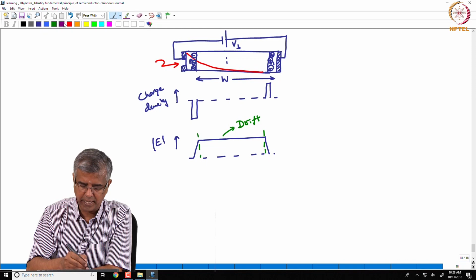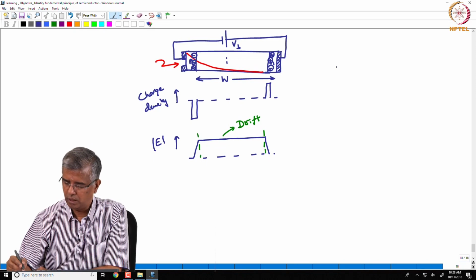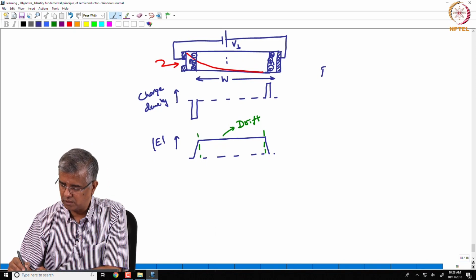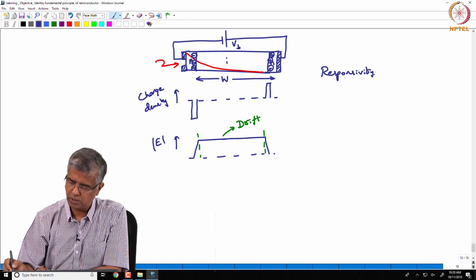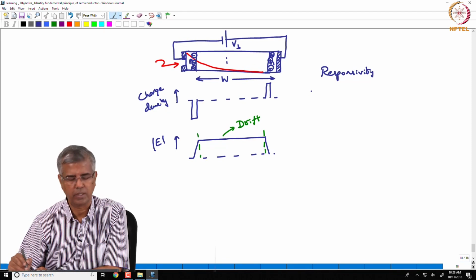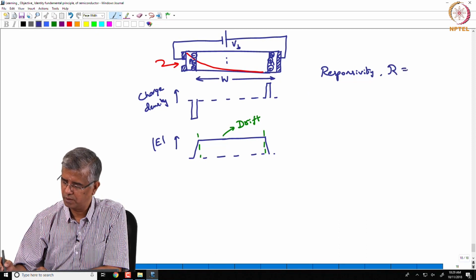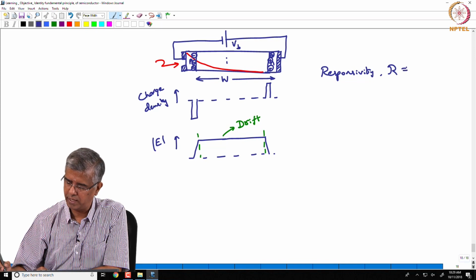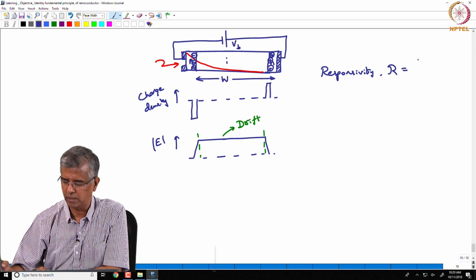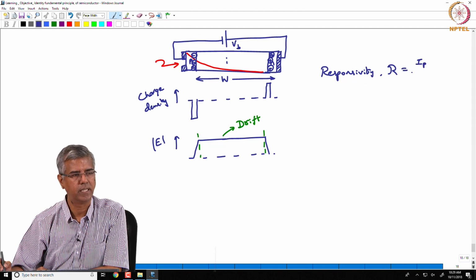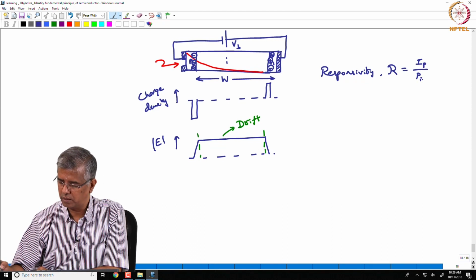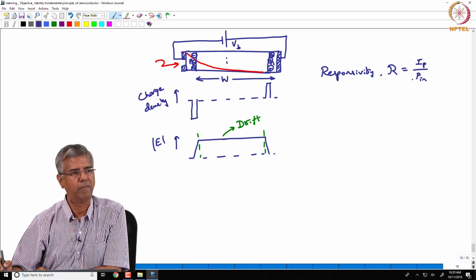So let's now track the characteristics of the photodiode. Let's start with responsivity of the photodiode, right. So responsivity, which is denoted by R, is essentially given by the photocurrent generated, let us say IP, for a certain level of power that is incident on the photodiode.